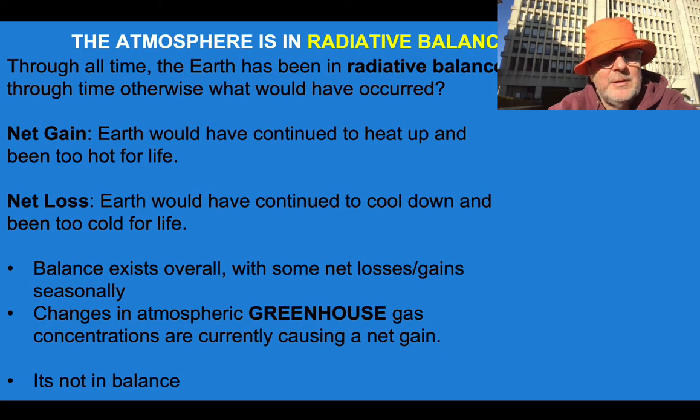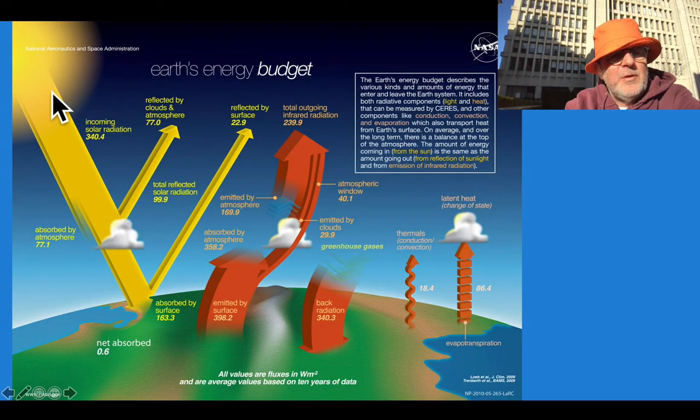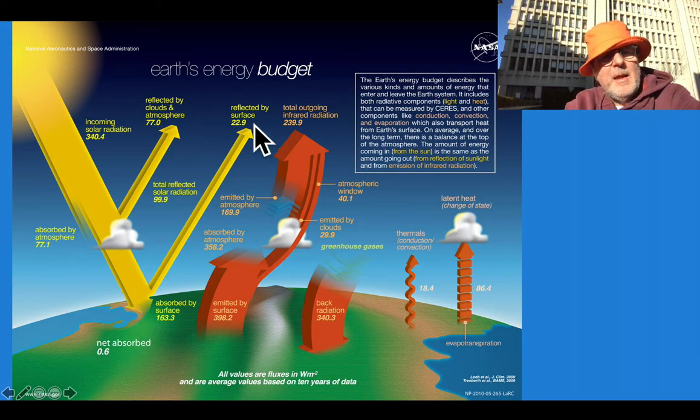It's not in balance. In general, you would have incoming solar radiation, some of which would be reflected by clouds back up out of the system. Some would be reflected by the surface. The surface reflection is both from ocean and from ice, which is very important.